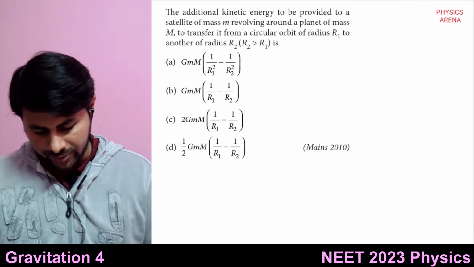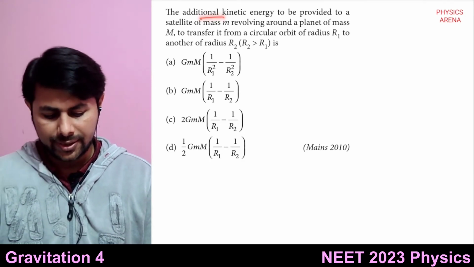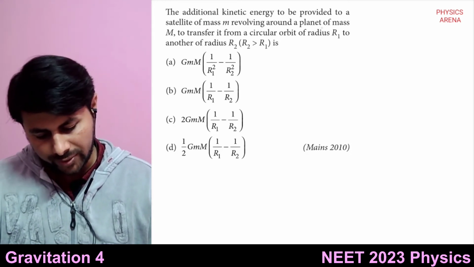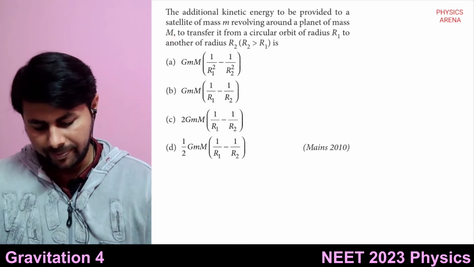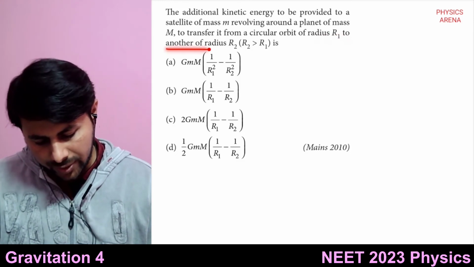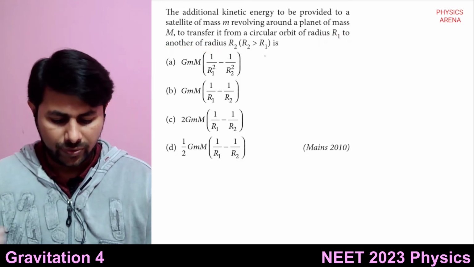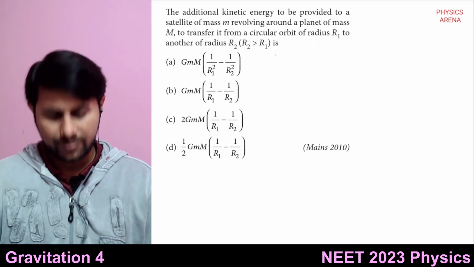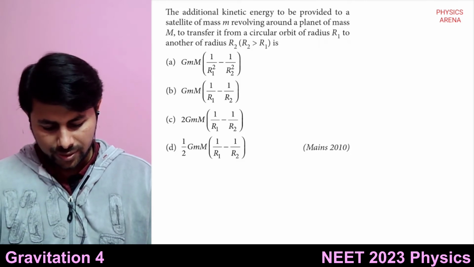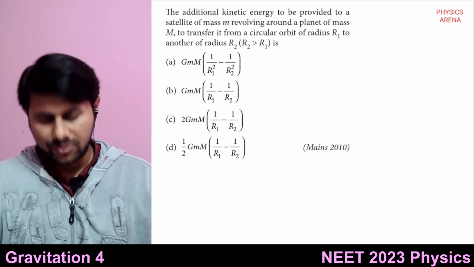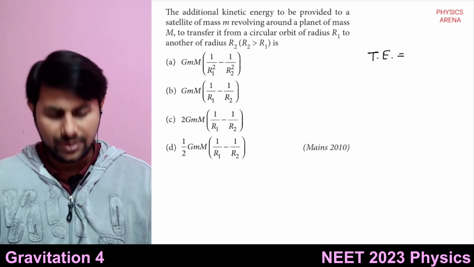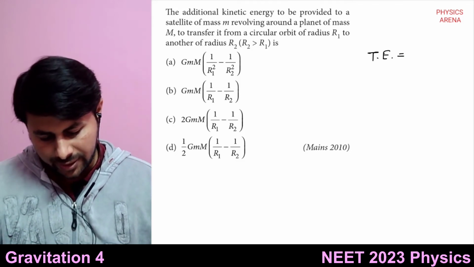Next question. The additional kinetic energy to be provided to a satellite of mass m revolving around a planet of mass capital M to transfer it from a circular orbit of radius r1 to another of radius r2, where r2 is greater than r1, is. Okay, so how can you find out that energy? It's simple. There will be some total energy of the satellite at radius r1.